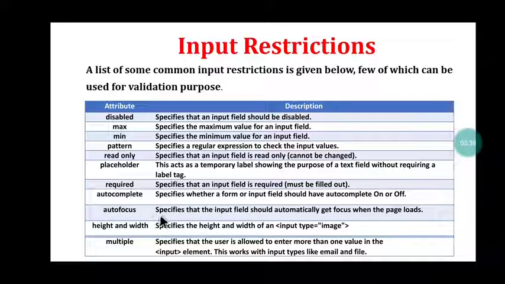It is used to specify the input field that should automatically get focus when the page loads. When you open the web page in the browser, it automatically gets focus. Then height and width, which you can specify for an image. It is used to specify the height and width of an input type equal image.